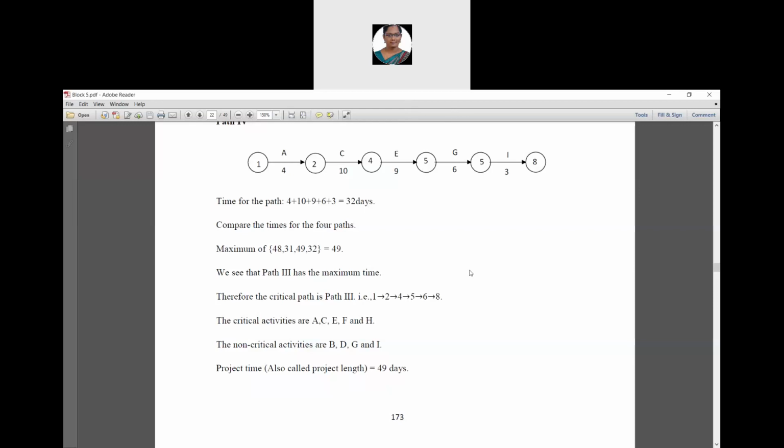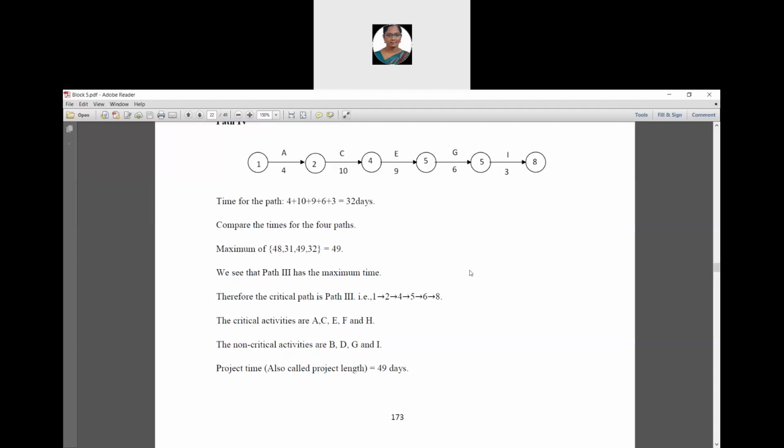Therefore, the critical path is 1 to 2, 2 to 4, 4 to 5, 5 to 6, 6 to 8. And the critical activities are A, C, E, F and H. And the non-critical activities are the rest of the activities, that is B, D, G and I.